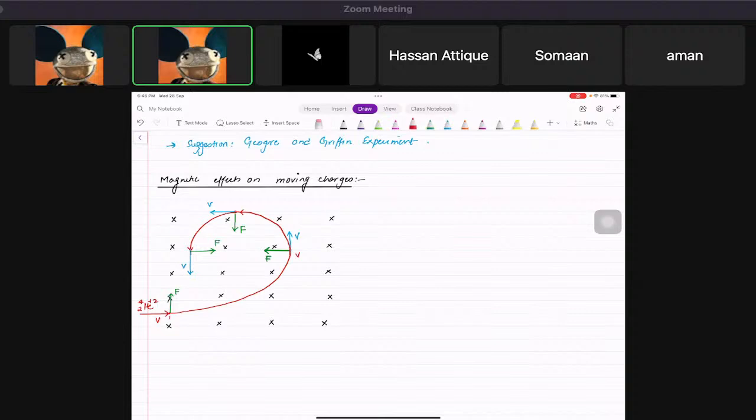And now when it turns like this, because of the force, it goes right here. Now the velocity vector is towards the right. If you apply Fleming's left hand rule, index finger towards the field, the middle towards the right, then the force is going to be upwards. So if this is an infinite field, then it's going to keep on moving in a circle. Do you guys understand this?